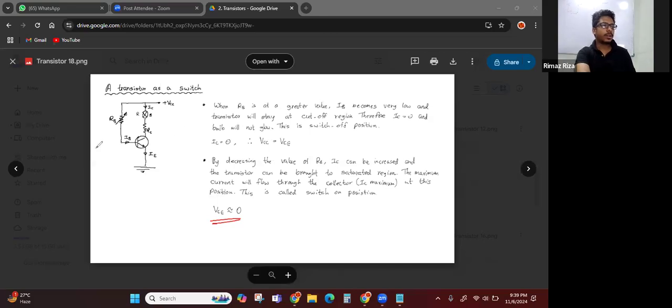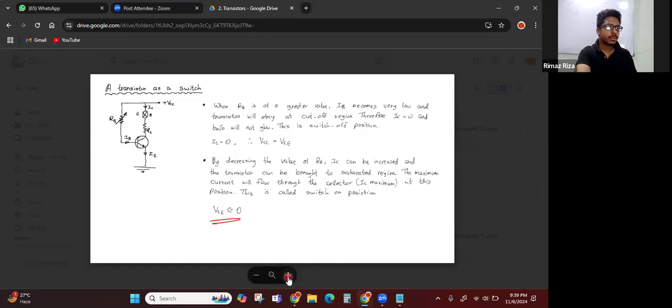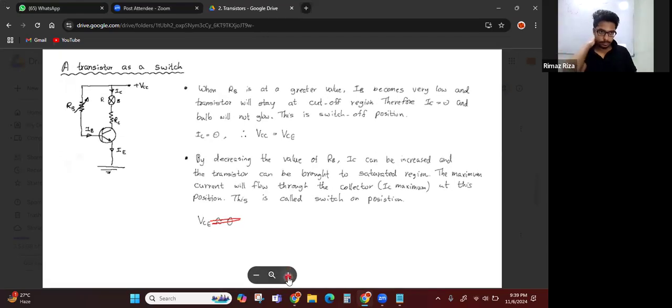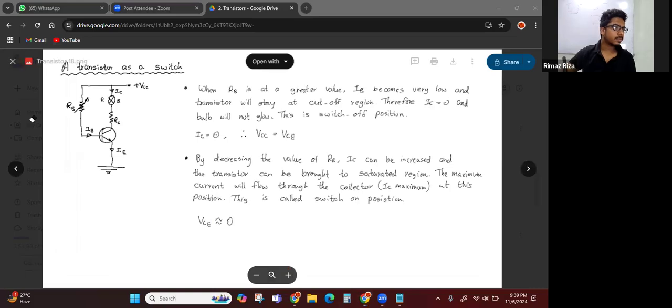So all you have to do is draw this circuit and write this down. If you have any questions, you can ask. VCE equals 0.1 volt, and that's VCE approximately equal to 0 volt.